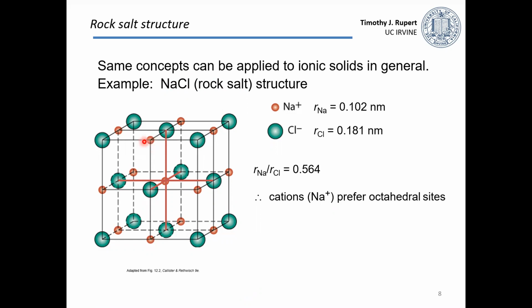If you block out the orange or red atoms for now and just look at the green ones, you see that there are atoms on the corners and then atoms in the center of all the faces. The red atoms are on a similar type of lattice, but it's just shifted over half a unit cell. So if you imagine a face goes right here, there would be atoms on all the corners and one on the center of that face.